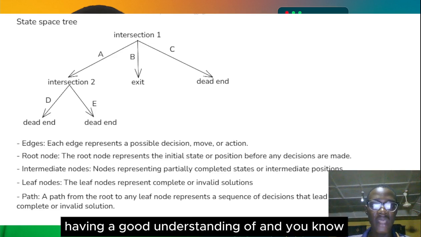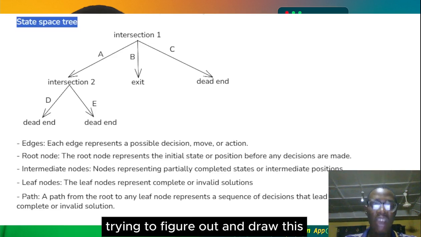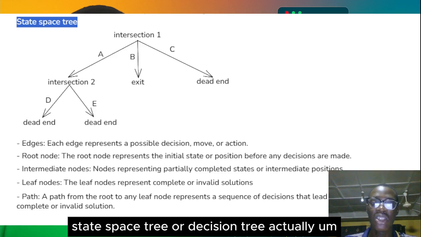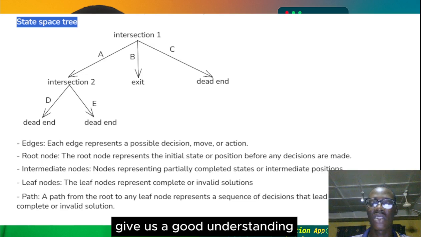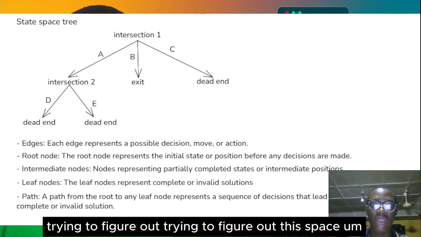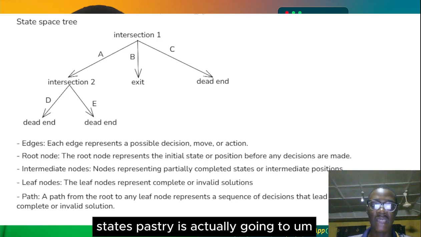So having a good understanding of how to figure out and draw this state space tree or decision tree gives us a good understanding of how the backtracking algorithm works.